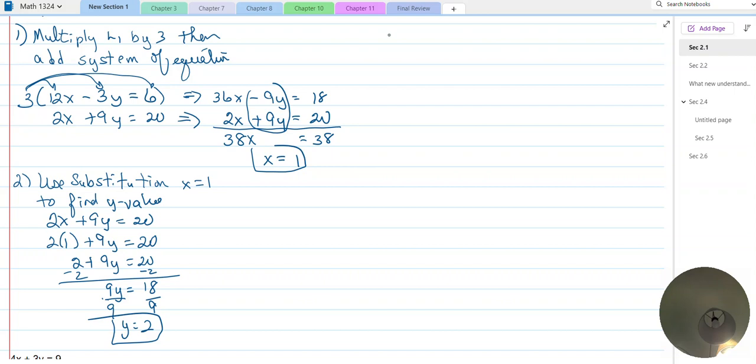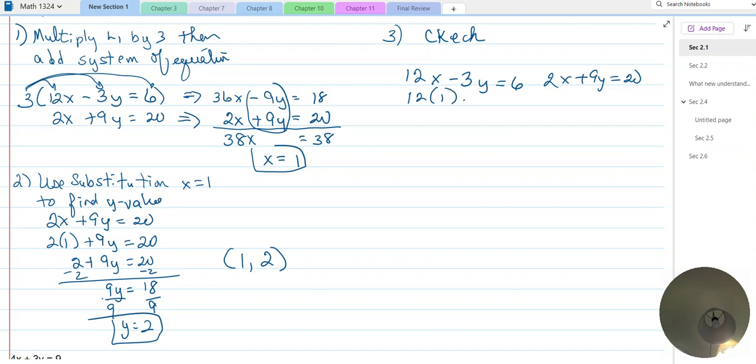Now we're going to check it, sorry. Because we know our ordered pair is 1 and 2. So I'm going to use it in both of them, right? 12x minus 3y equals 6. And 2x plus 9y equals 20. 12 times 1 minus 3 times 2 equals 6. 12 minus 6 is 6.